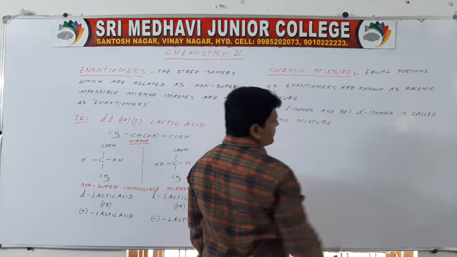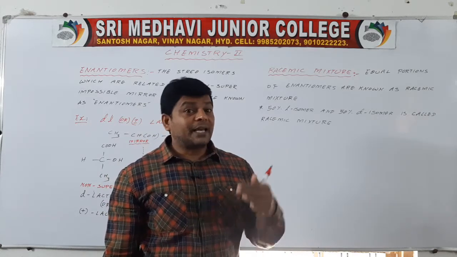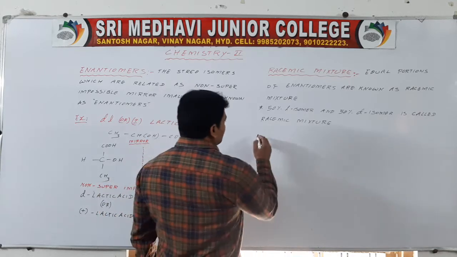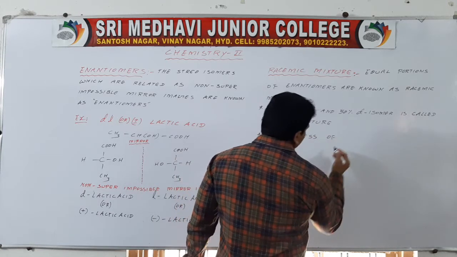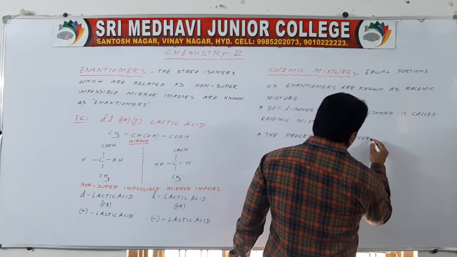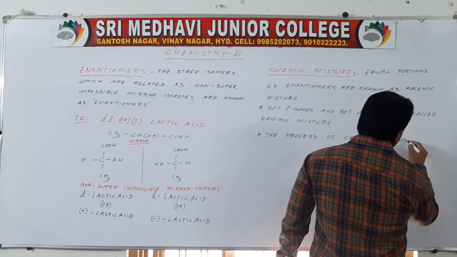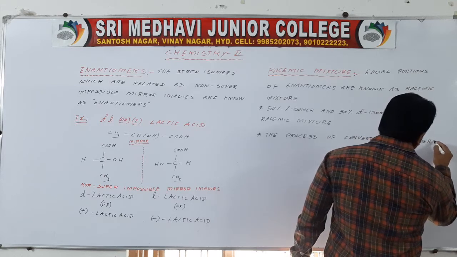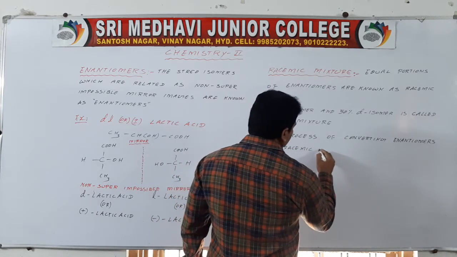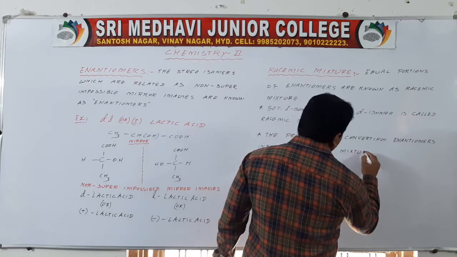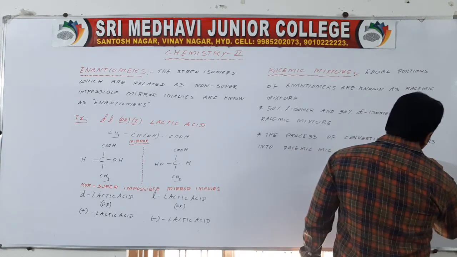The process of converting enantiomers into a racemic mixture is called racemization.